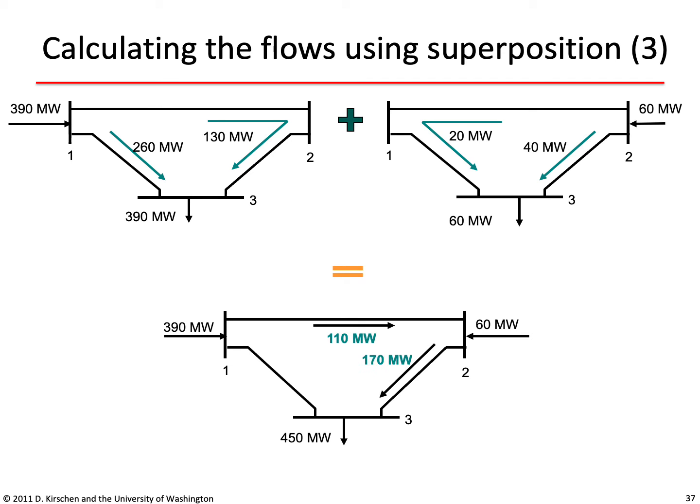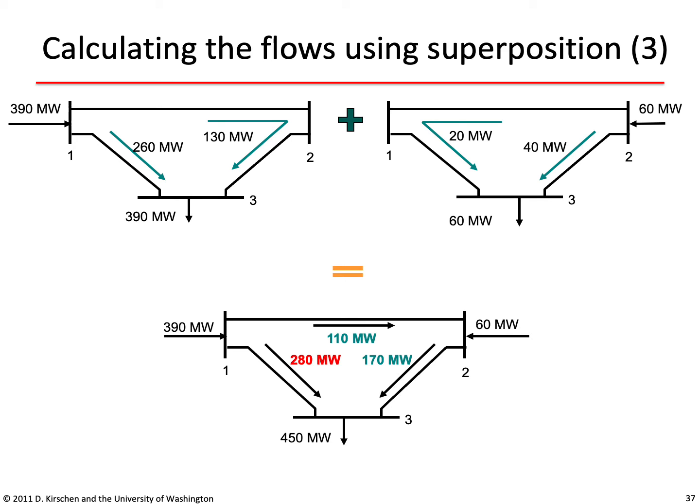In line 2, 3 we have a flow of 170 megawatts, resulting in a sum of 130 megawatts from the first part and 40 megawatts from the second part. In line 1, 3, we have a flow of 280 megawatts, which is 260 plus 20 megawatts.